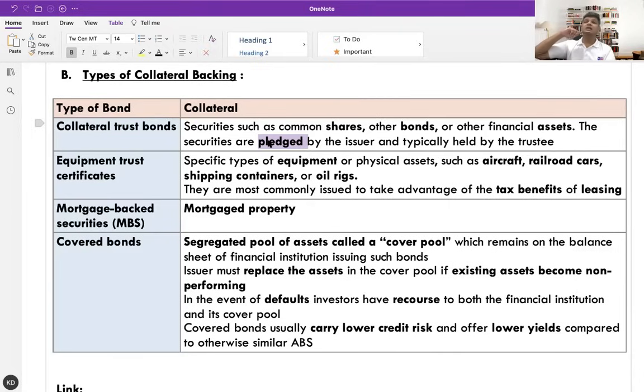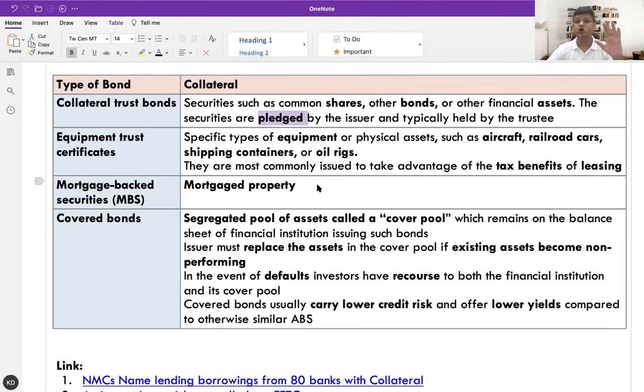They keep their equities as collateral, and against that they get a loan. So whenever there is a loan taken against equity, that is called pledging. Is that clear? Right? So collateral trust bonds, what is the collateral that they take? Another security. Clear?